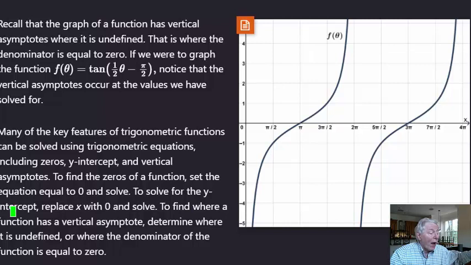To solve for the y-intercept, replace any x values with 0, because at x equals 0, you're getting the y-intercept. And then solve. To find where the function has a vertical asymptote, determine where it is undefined, where the denominator of the function is equal to 0. So what they're saying is, you can play with these equations like you would do in algebra.